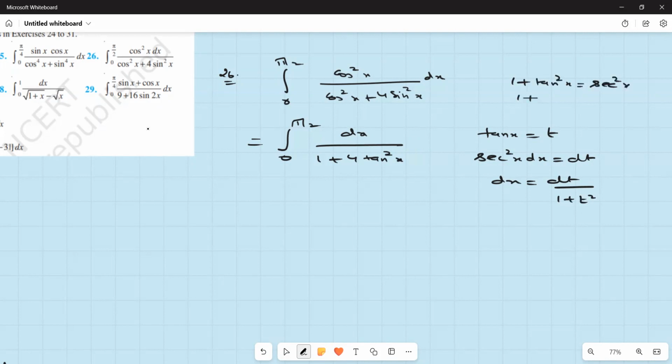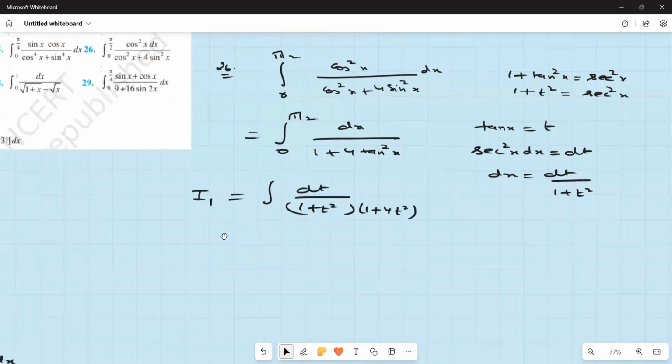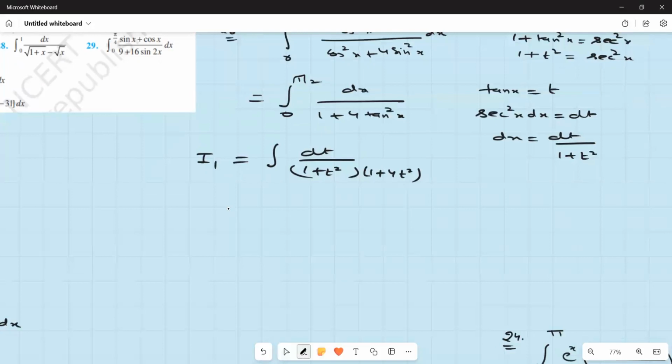So I can write 1 plus t square in place of sec square, right? So that is what I have done. So you are getting over here, call it I1, dt upon 1 plus t square into 1 plus 4t square. Now you can do this question by partial fraction.